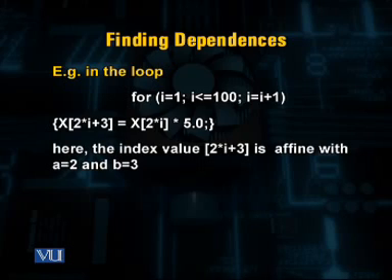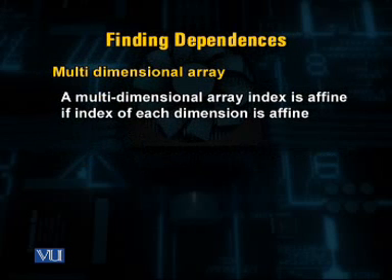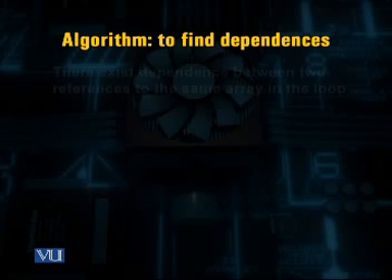In this expression, the index value 2I plus 3 is affine because here the value of A is equal to 2 and the value of B is equal to 3. Similarly, in a multiple dimensional array, the index is affine if the index of each dimension is affine. So with this much definition of affine index, let us discuss the algorithm to find dependence.